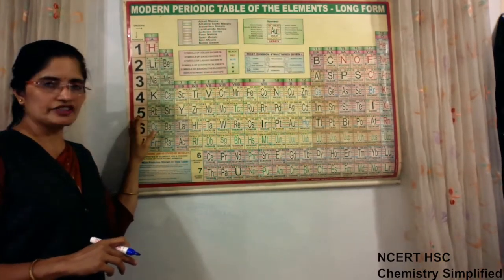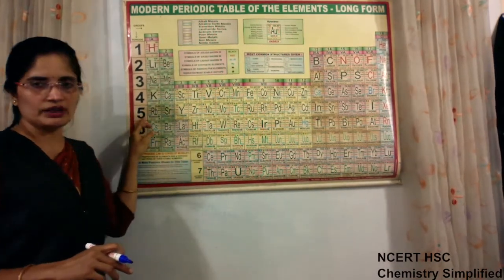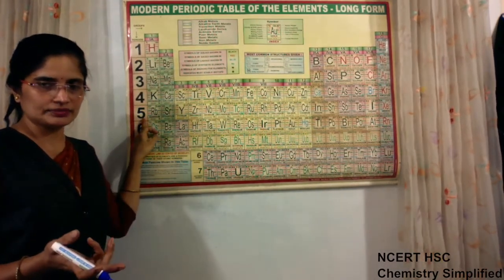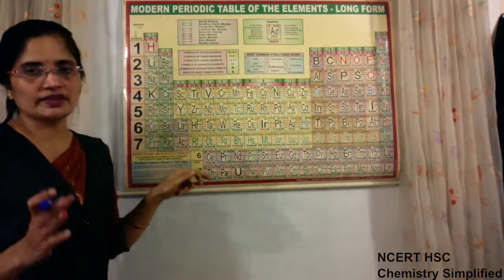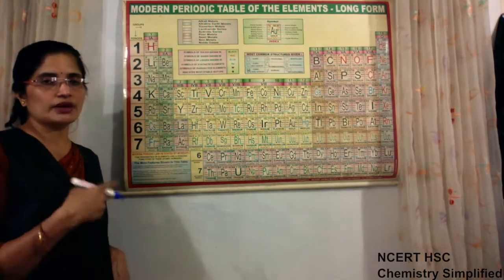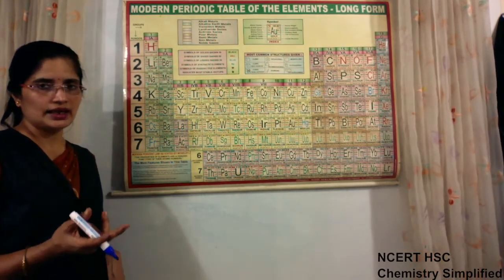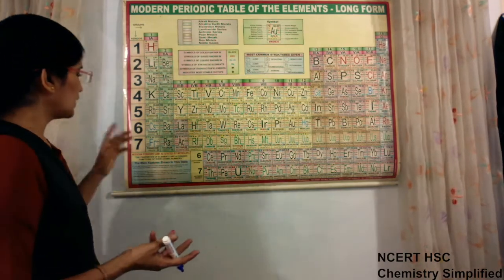If it is the fifth period, then S and P for this period will be 5S and 5P. But D will be one less than S and P, and F will be one more less than D, or you can say 2 less than S and P.